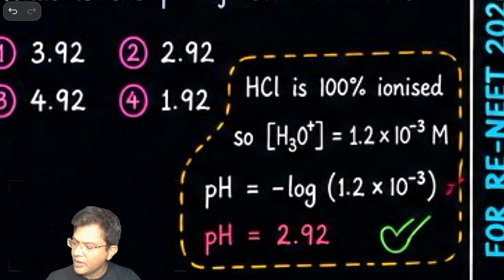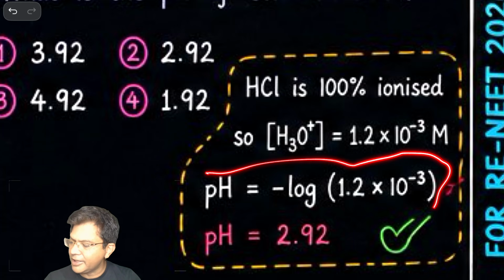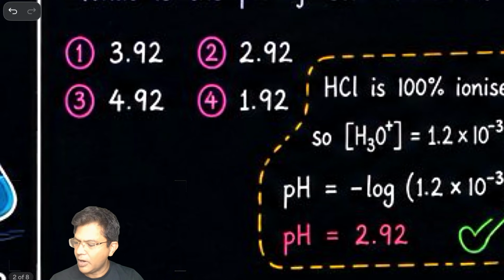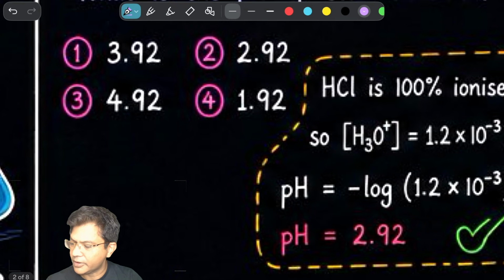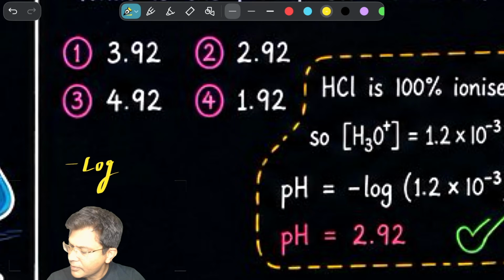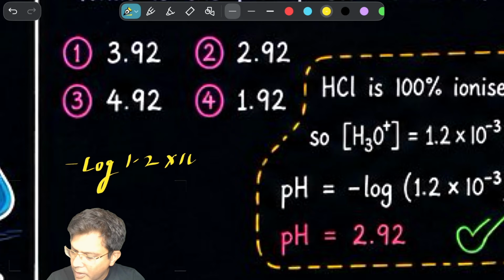Now my dear students, there is a little bit of maths. If you don't know how to do it, let me tell you how to do it. Everyone just see. I will say minus log of 1.2 into 10 raised to the power minus 3.